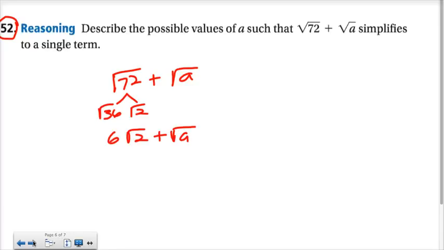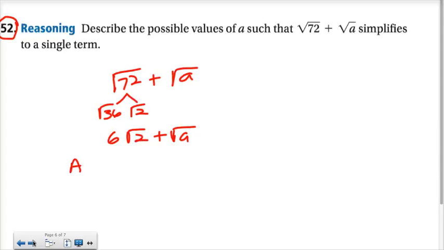All right, so what could a be? Well, it could be 2. And then we could just add these two together. But they're saying in general, what would you need for a to make this happen? Well, as long as it would break down to be the square root of 2 times something, then you'd be okay. So you think, okay, well, what numbers would break down if we're talking square roots? Perfect squares.